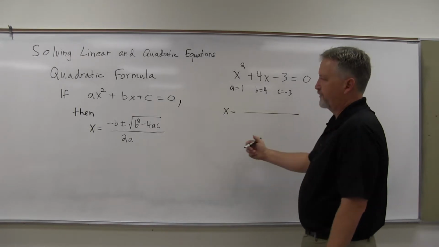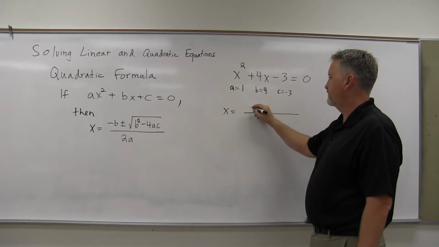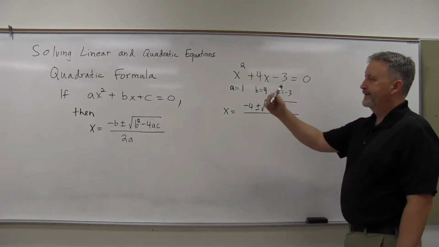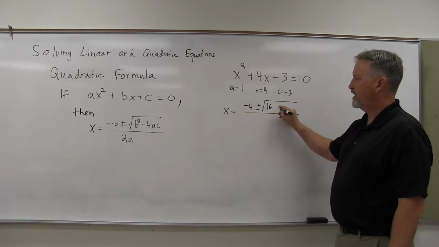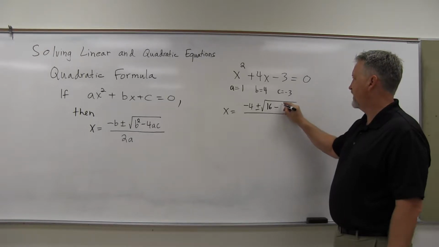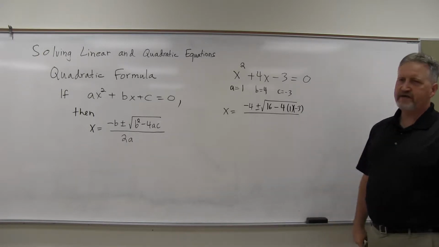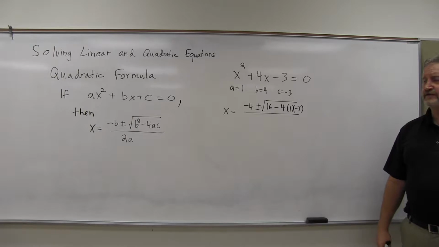x equals, all right, so the way I look at it, it's the opposite of b. So b is 4, so the opposite of that will be minus 4. Plus or minus the square root of, then you square b, so b squared would be 16. And then you've got minus 4ac. I like to write that 4ac out just because there are sign issues a lot of times.